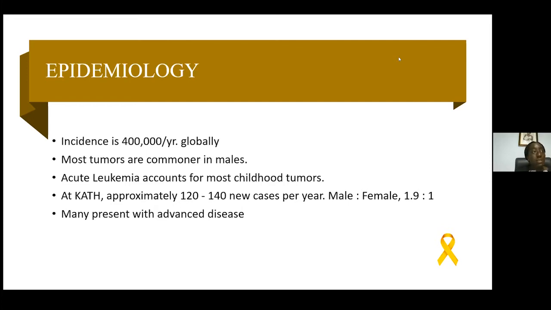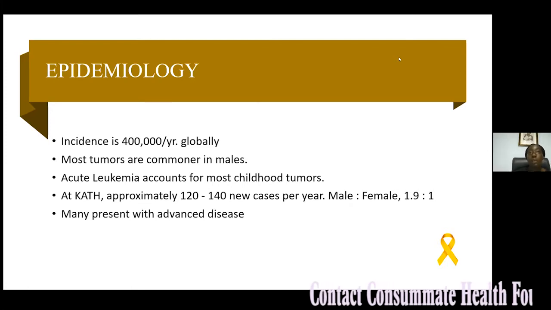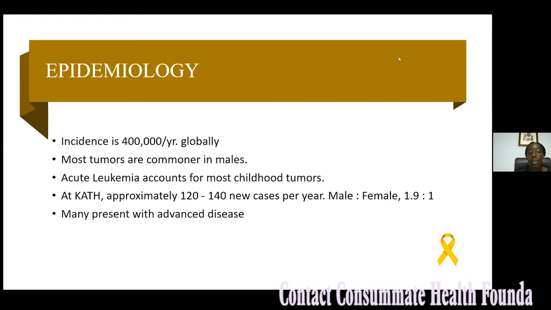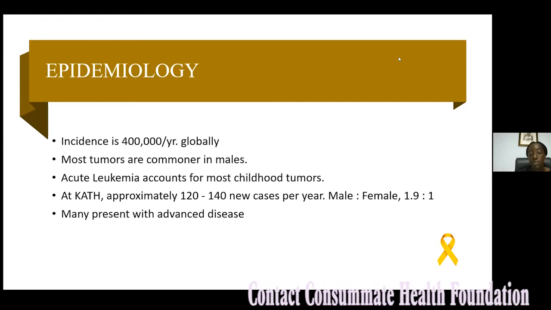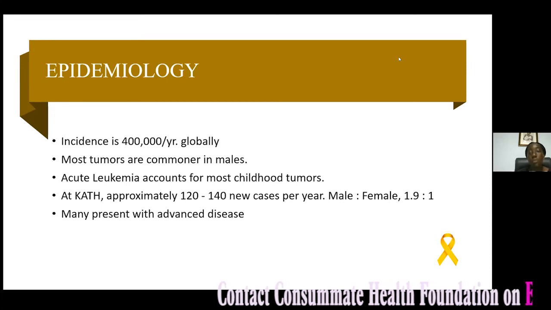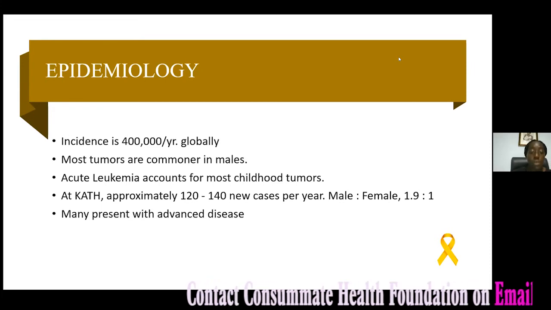Globally, about 400,000 children are estimated to be diagnosed with cancer each year. It commonly affects males. There hasn't been enough reason to explain why, but from research we know that most cancers affect males more than females.